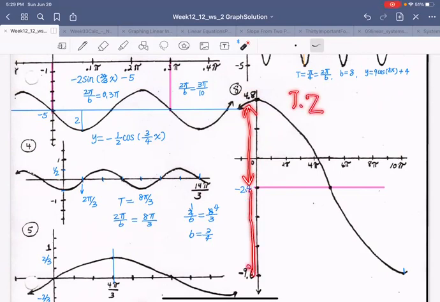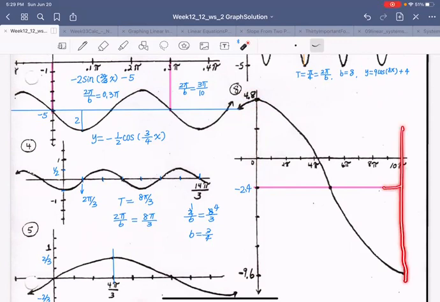You have to pay attention, okay? You are able to do it, but you choose to get it wrong. Next. Okay, so the amplitude is 7.2, and then the next part, the B part, the period.